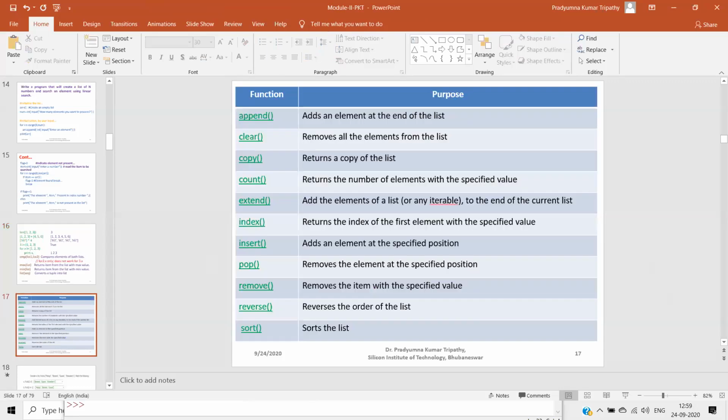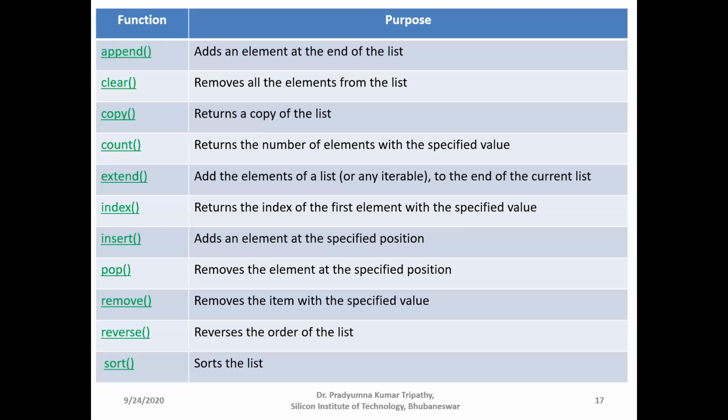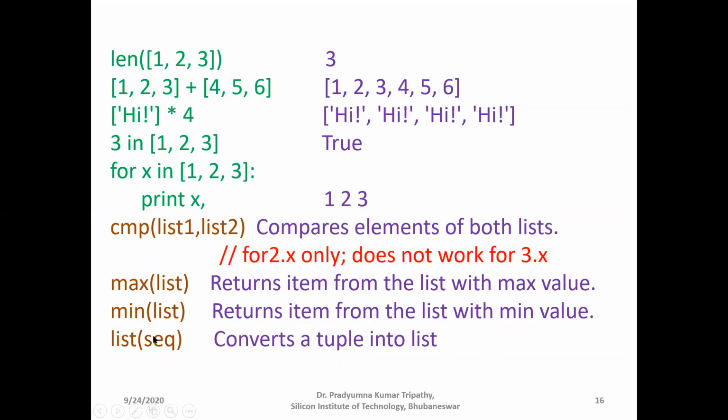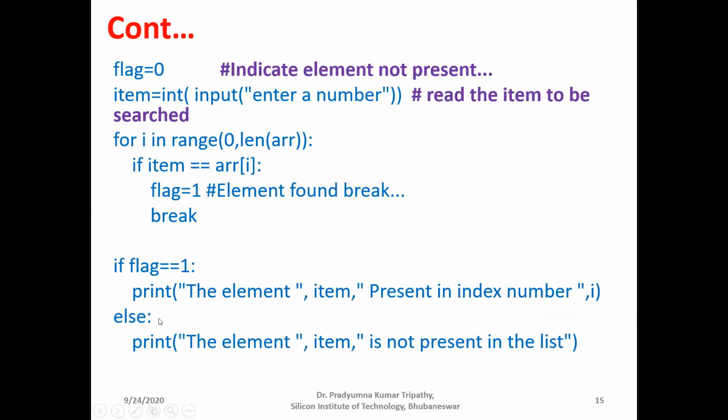Now these functions again, I will say you will try on your own. The append function adds an element at the end of the list. I have already shown you one example where it was adding to the list: ARR.append.